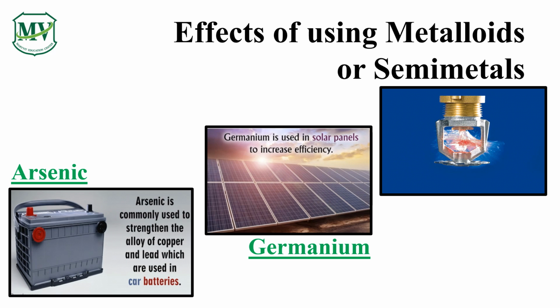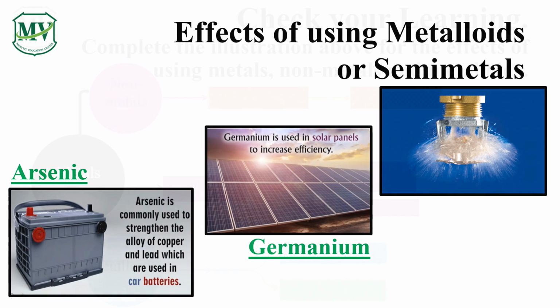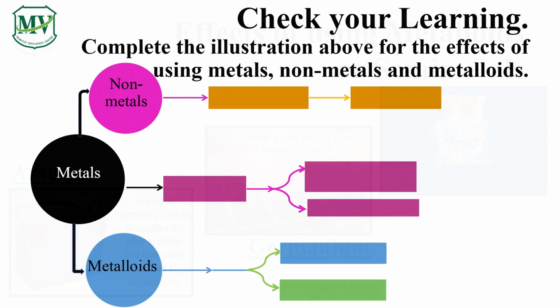Arsenic, aside from being used in treating cancer, is also used to strengthen the alloy of copper and lead, which are used in car batteries, while germanium, aside from being used in electronic devices, is also used in solar panels to increase efficiency. Lastly, bismuth is used in fire sprinklers.